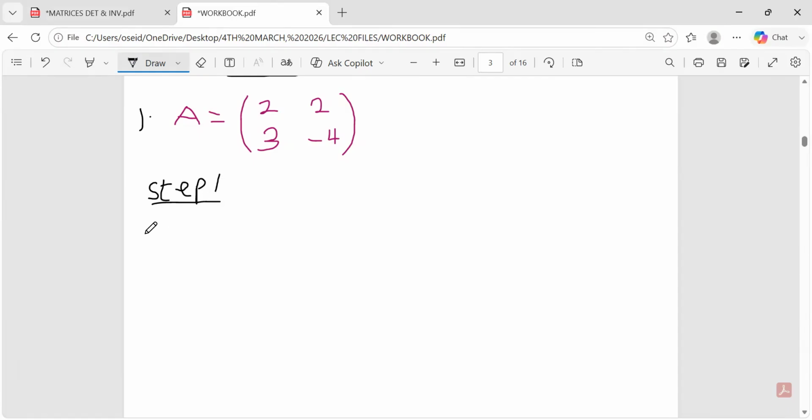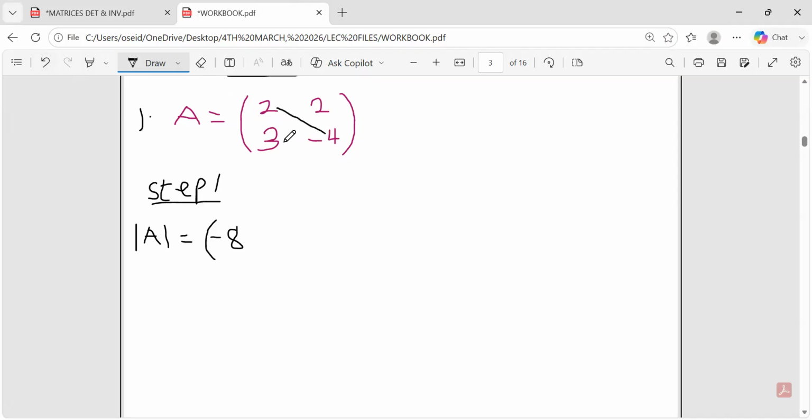We find the determinant. So det A will be equal to what? We multiply the leading diagonals and subtract from it the product of the other diagonal. 2 times negative 4 gives negative 8, the leading diagonal.